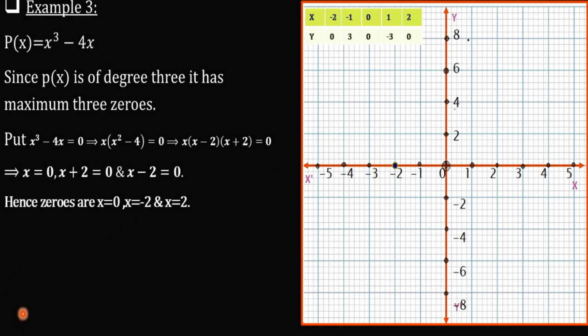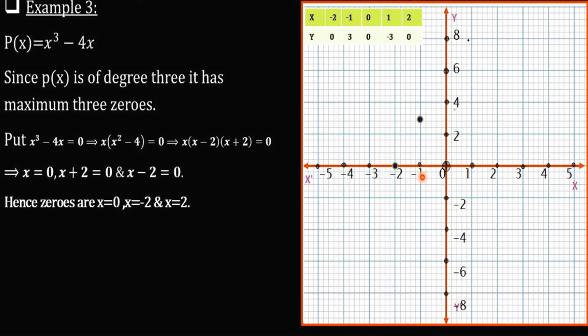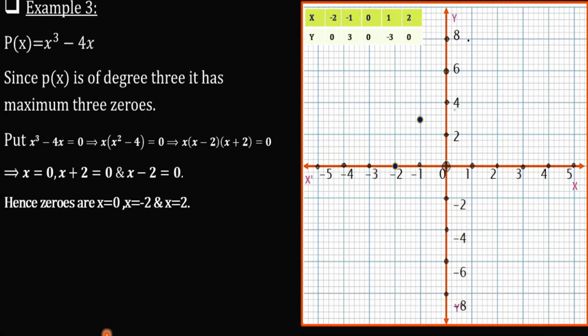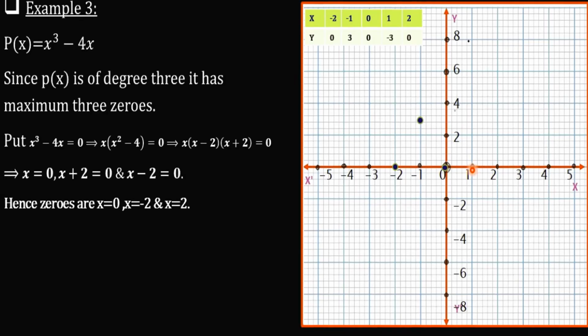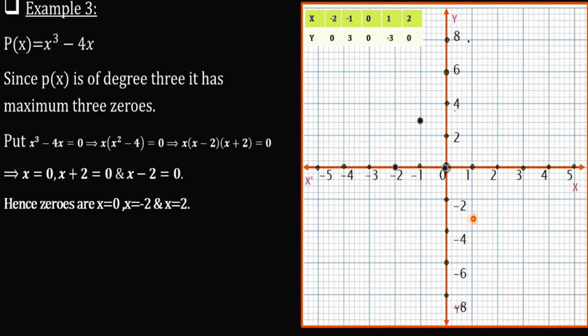Next point, -1, 3, that is x is -1 and y is 3, that is the intersection of x equal to -1 and y equal to 3, this point. Next point, 0, 0, that is the origin. Next is x equal to 1, y equal to -3, which will come here.